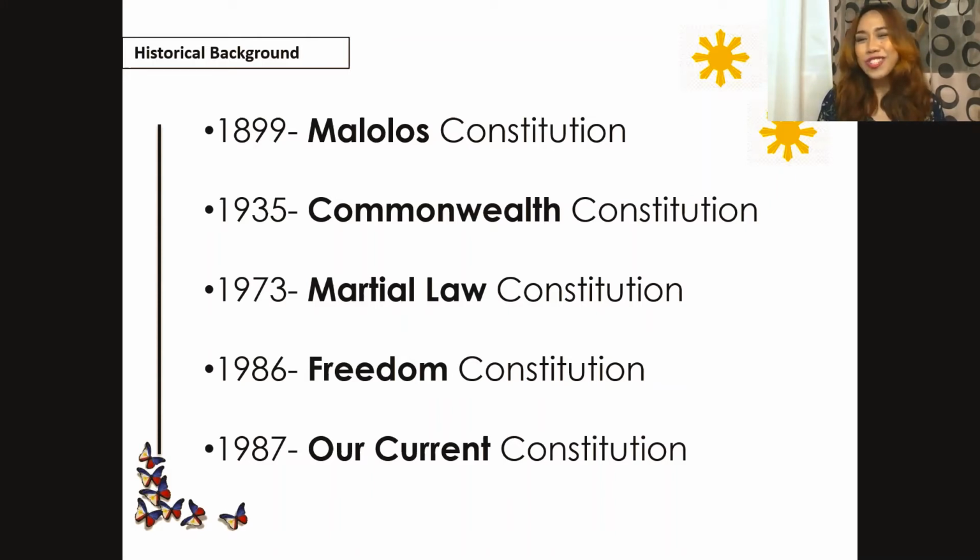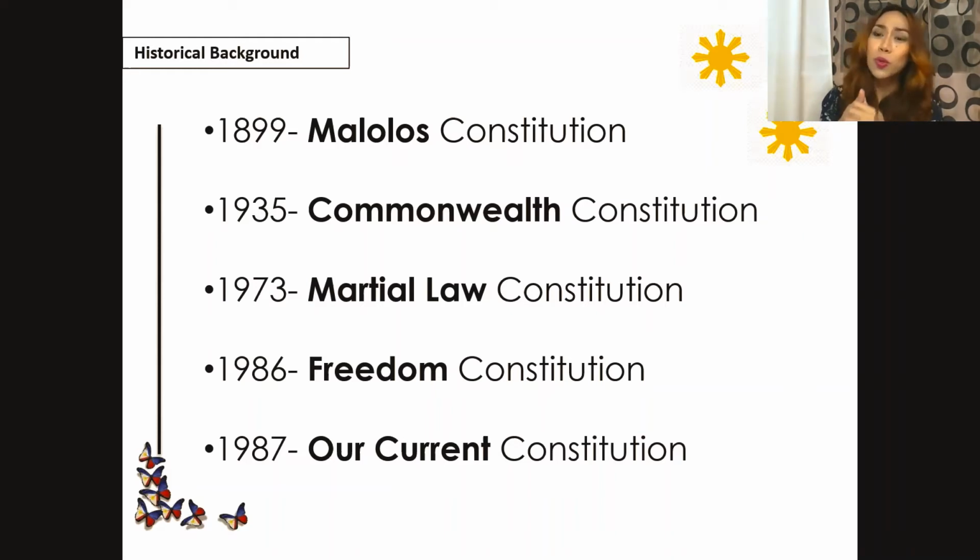If you really think about it, our real Philippine independence is not June 12, 1898. Even if at the time we became independent from Spanish rule, we were still controlled by the US government. It was only on July 4, 1946 that we were really declared an independent country.